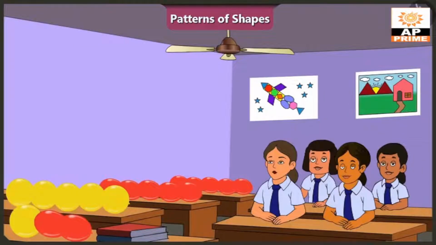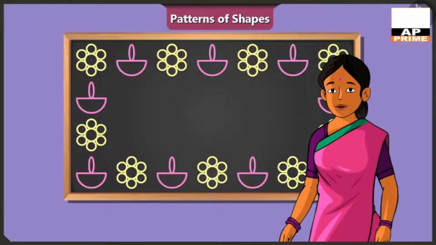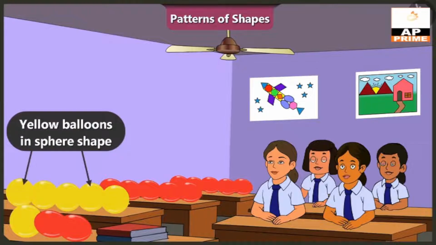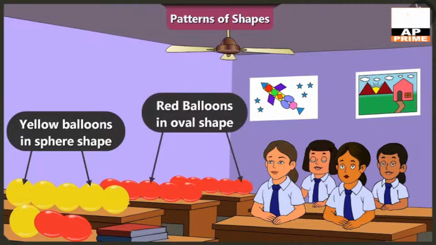Ma'am, can we decorate the wall with balloons? Absolutely, decorate it. Come on, Binny. Let us decorate this wall with balloons in spear shape and oval shape. Yes, here are some yellow balloons in the spear shape and red balloons in the oval shape. Binny, let's create a special pattern out of these.